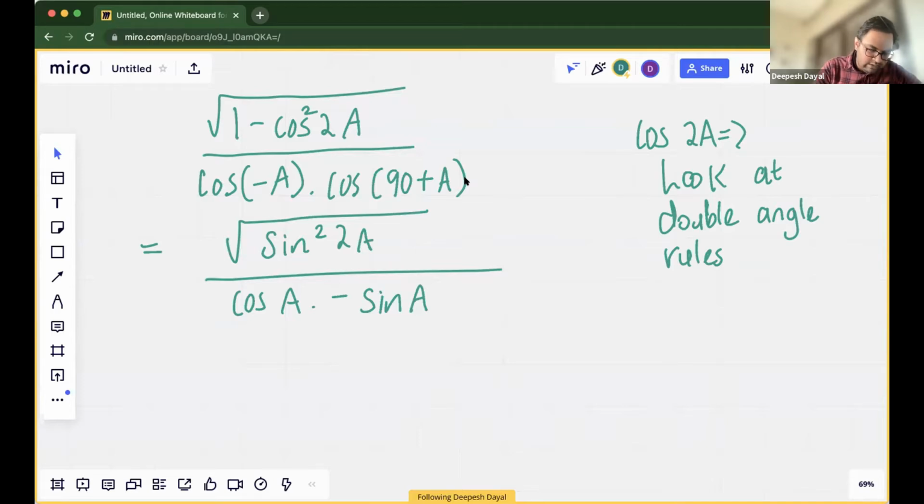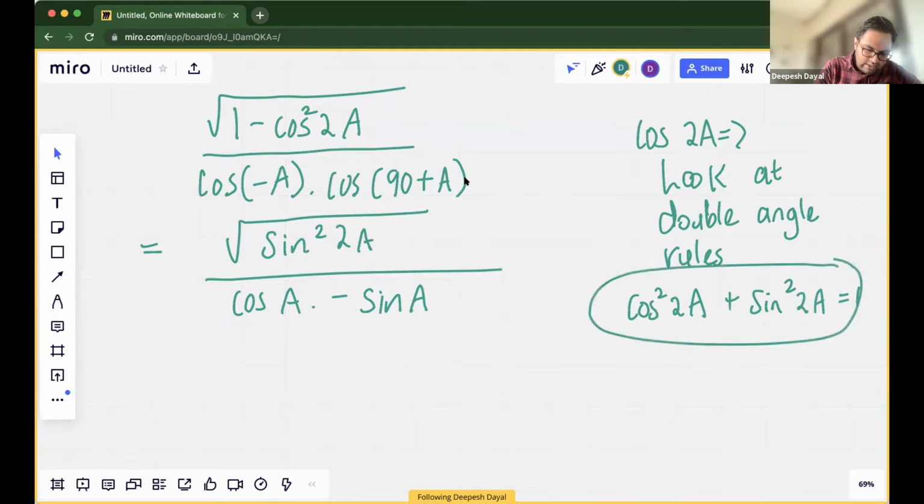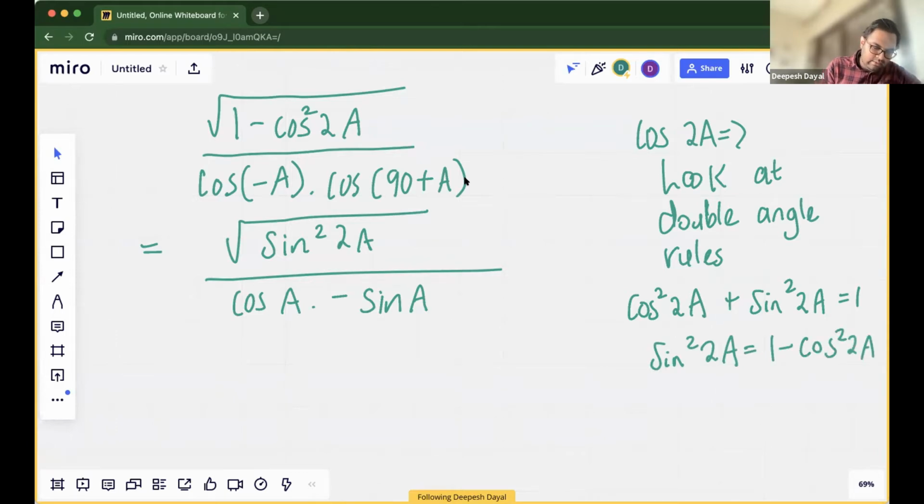Then remember here, cos squared 2a plus sine squared 2a equals 1. This was the other formula. You can use this also to find the relationship between sine squared 2a and cos squared 2a. So sine squared 2a equals 1 minus cos squared 2a, and that's how we get this.